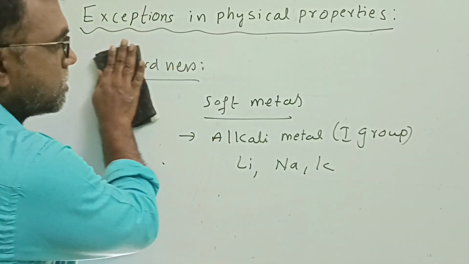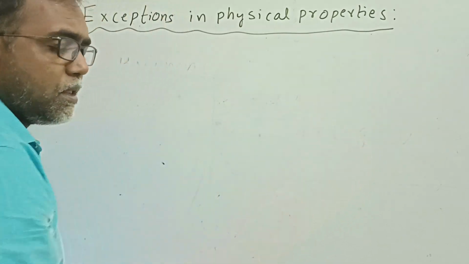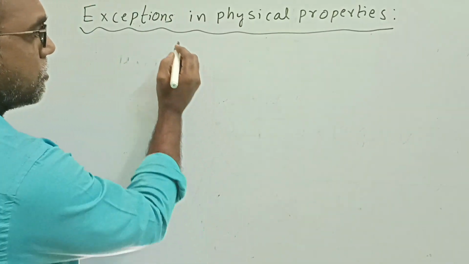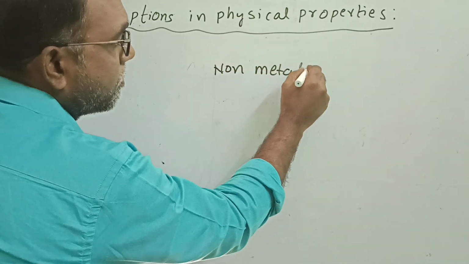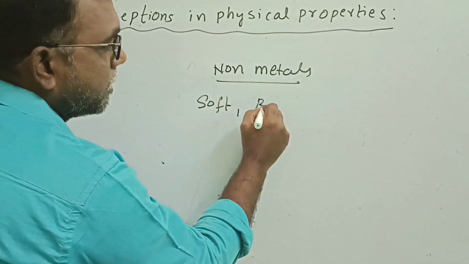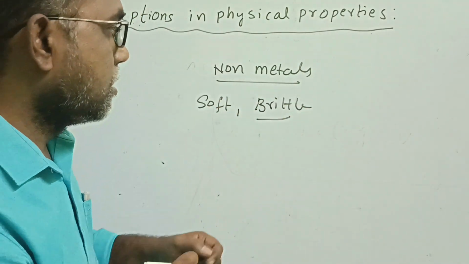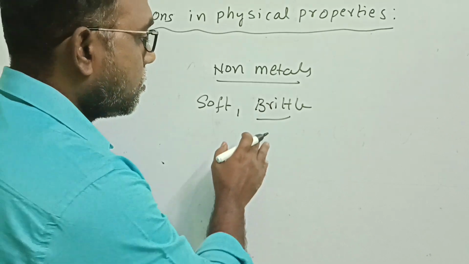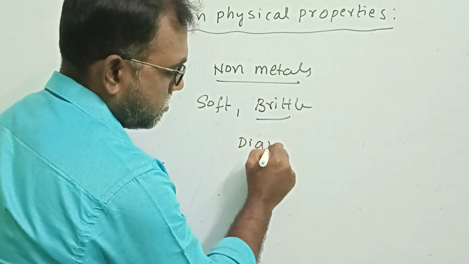This is hardness. Next, another exception. When you come to the non-metals, non-metals are soft and brittle. Brittle in the sense of easily breakable. But one of the non-metallic forms is diamond.